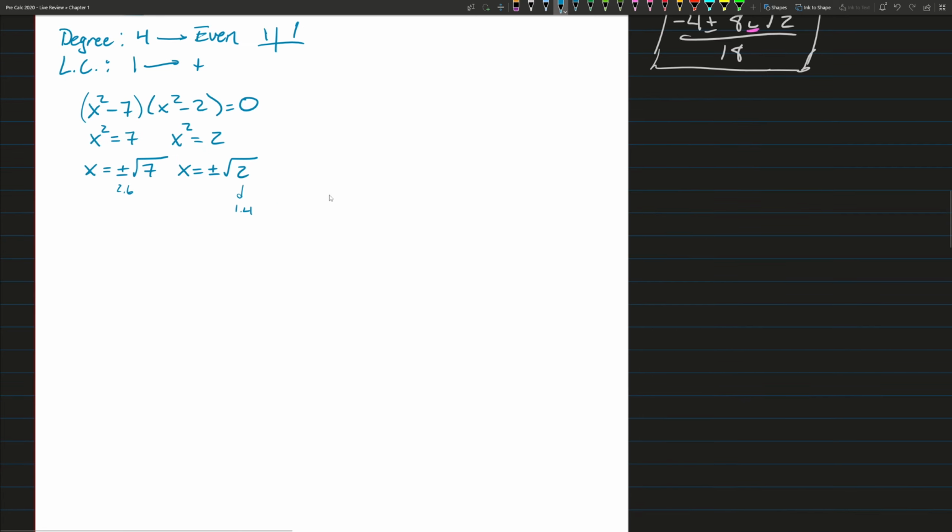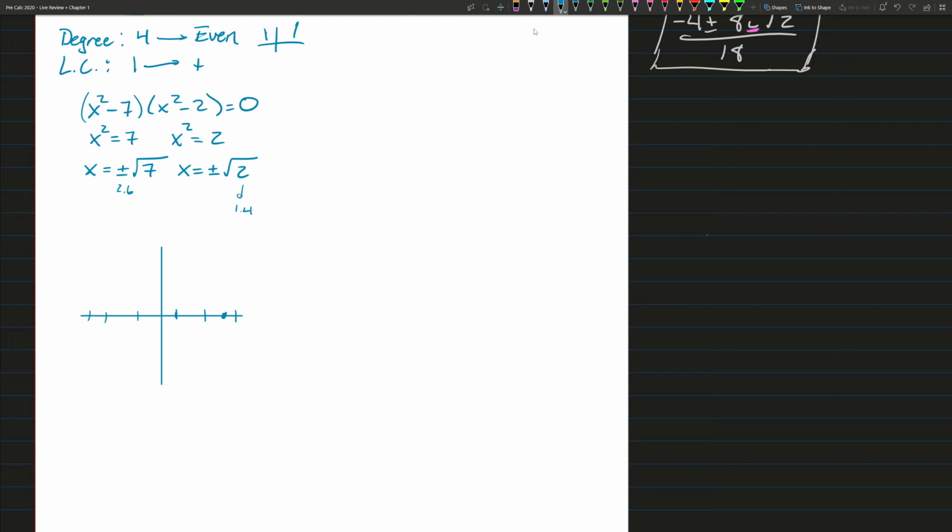Okay, so if we graph this, we graph our zeros. We get plus or minus 2.5-ish. These a little bit more spread apart. So rad 7, that's like right here.